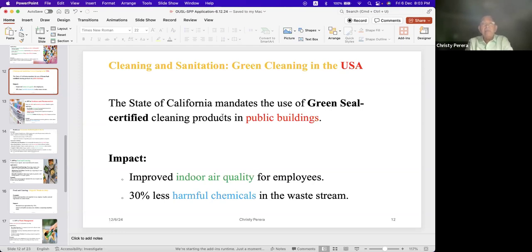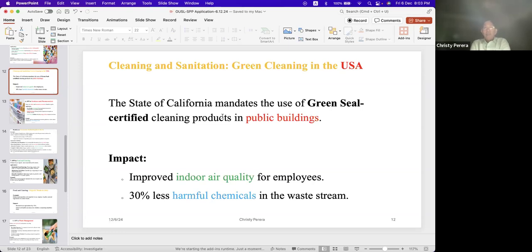The impact of that is improved indoor air quality for employees. Toilets are now inside the buildings, so when you use chemicals, you get that smell. That is toxic. We thought it was a pleasant fragrance, but it's toxic.